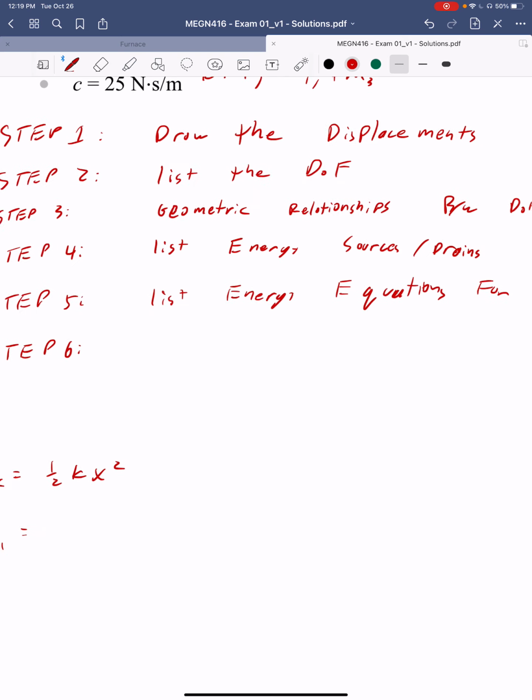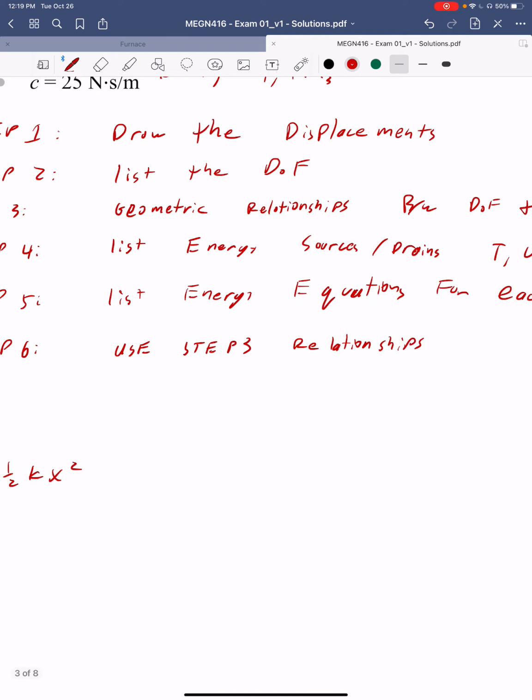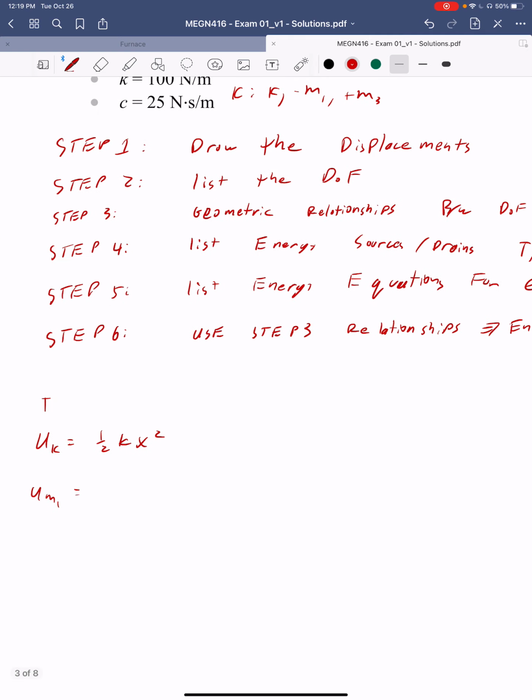And step 6 is we're going to use step 3 relationships, so that's our geometric relationships, to put the energy, to go to the energy equations in terms of our degree of freedom.